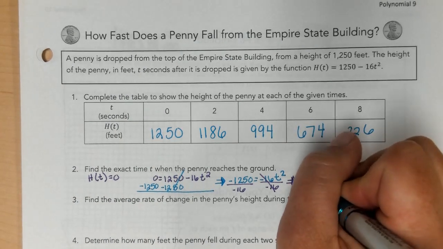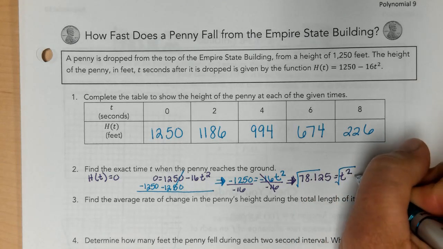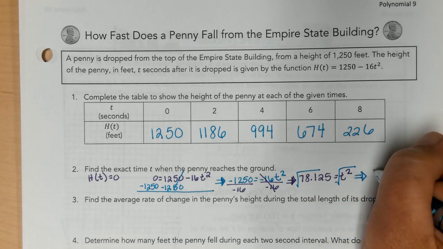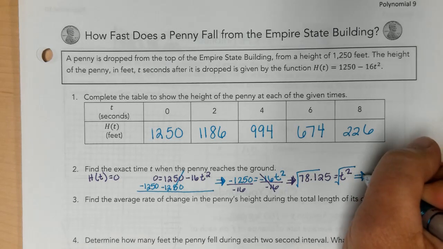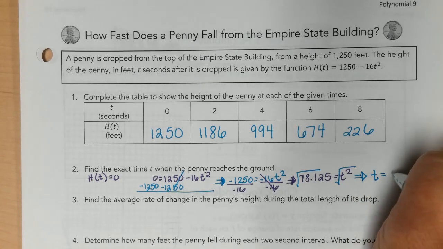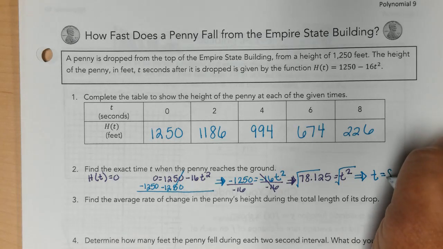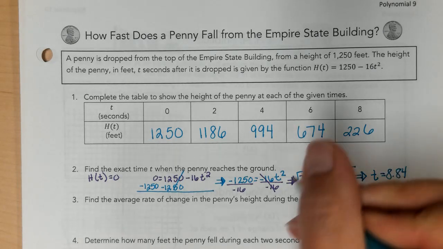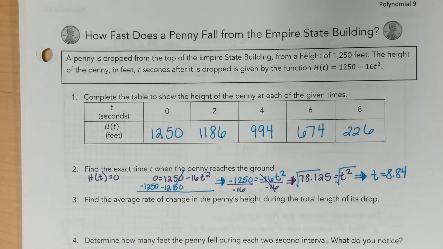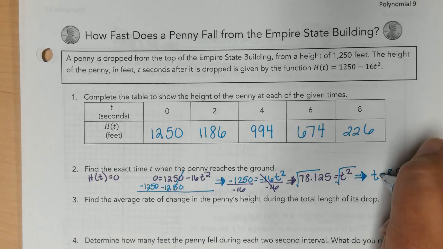Square root. And I would get that t equals 8 point something. 8.84. Is that good for the moment? Yeah. Approximately, we'll say.